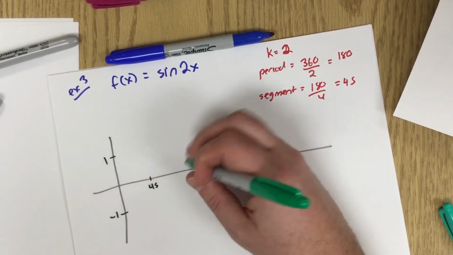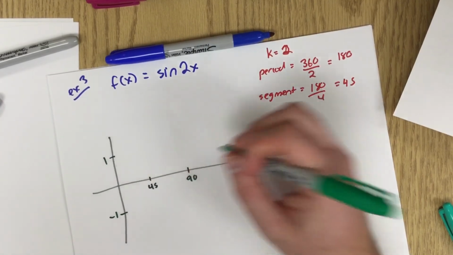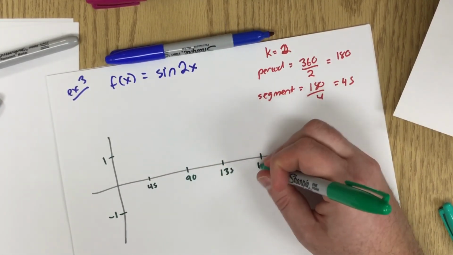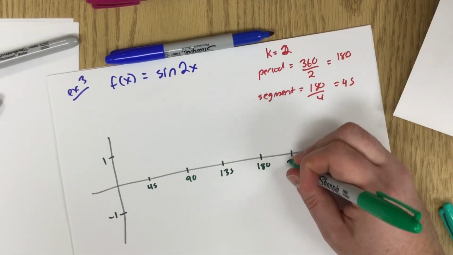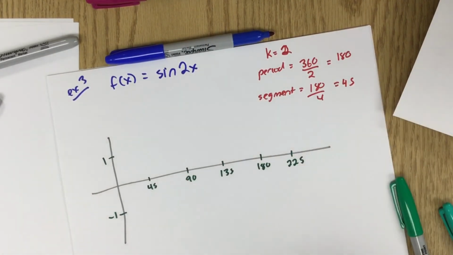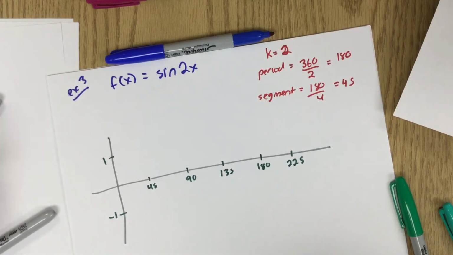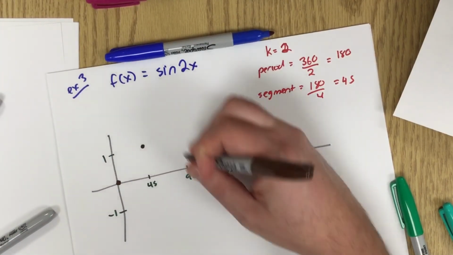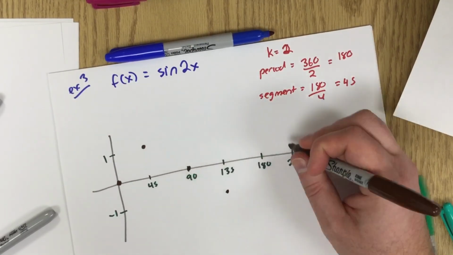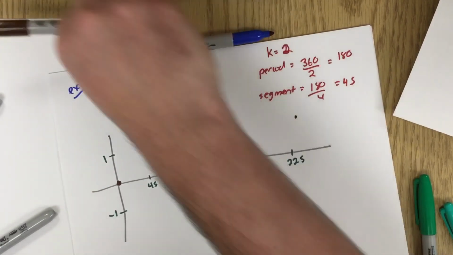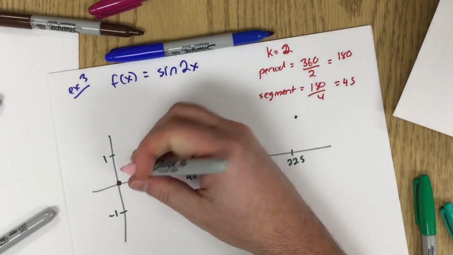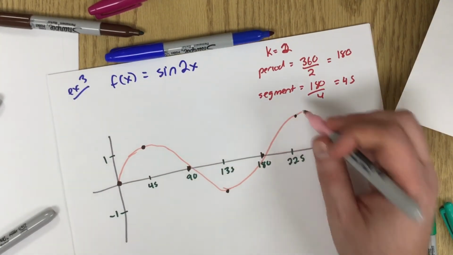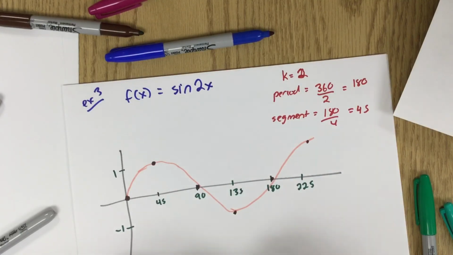So it's 45, another 45, another 45, and another 45, and then we have our points. It's a sine graph, so it starts in the middle, goes up, and then down, like so. And that's the graph of f of x equals sine of 2x.